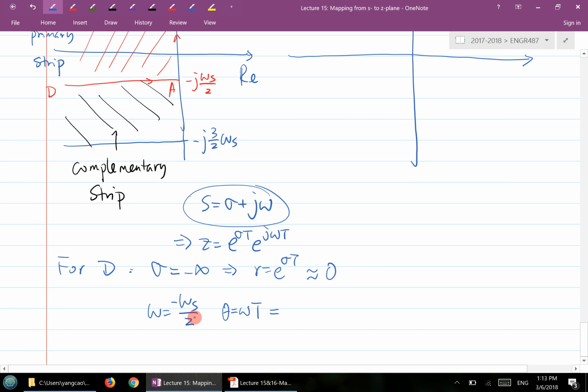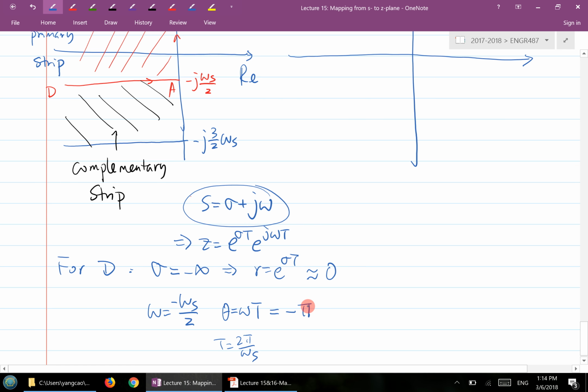So what do you think this theta value is when you substitute negative omega s over 2 into here? Remember T equals 2 pi over omega s. So this negative value times this one, and theta equals negative pi.